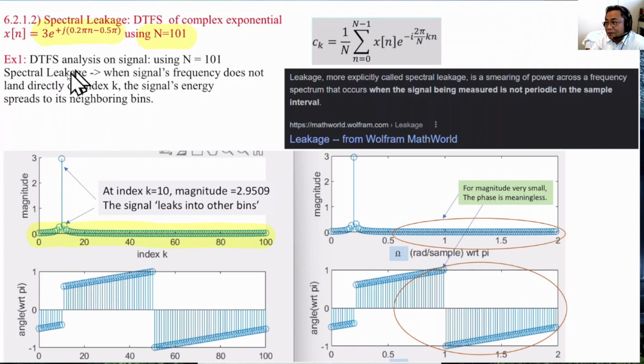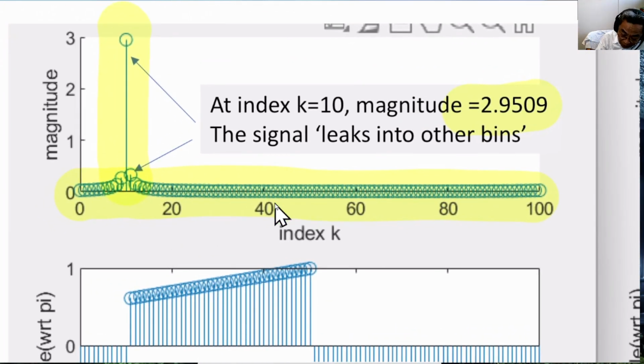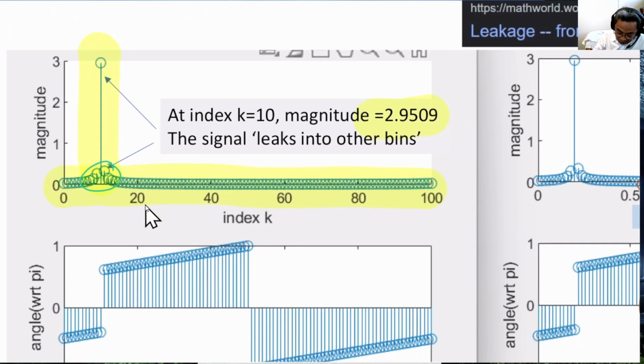What this causes is something called spectral leakage, and this is a real DTFS calculated using this equation. You'll realize that our amplitude is now no longer 3. In fact, it went down a little bit to 2.95, and where did the rest of the energy go? It leaks to the neighboring bins.